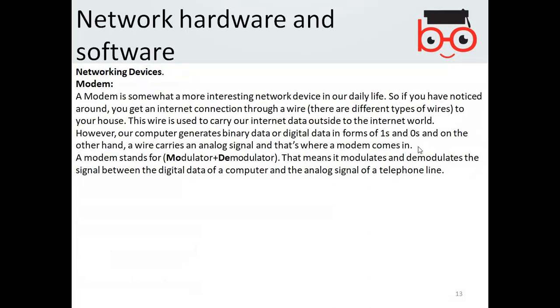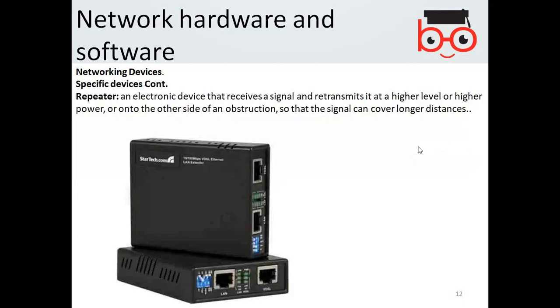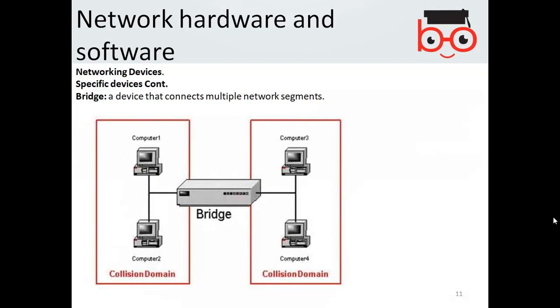If it is within the building, then it will be an Ethernet network. You get connected with your router, which has a modem as well as a switch, and then you get communicated, and possibly the interconnections could have a bridge, maybe a gateway, and so on.